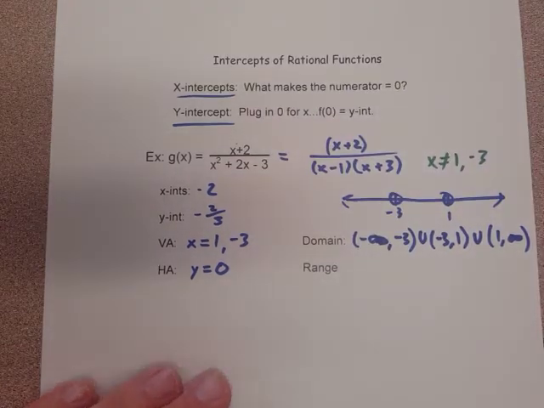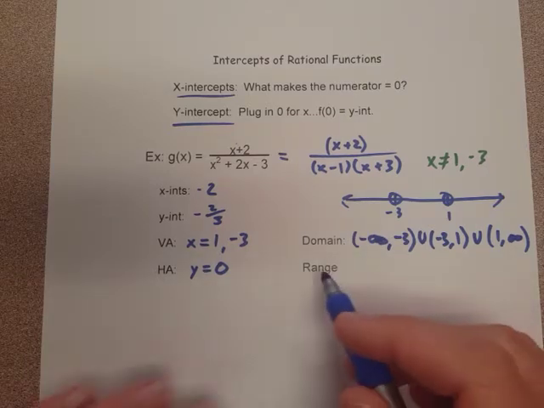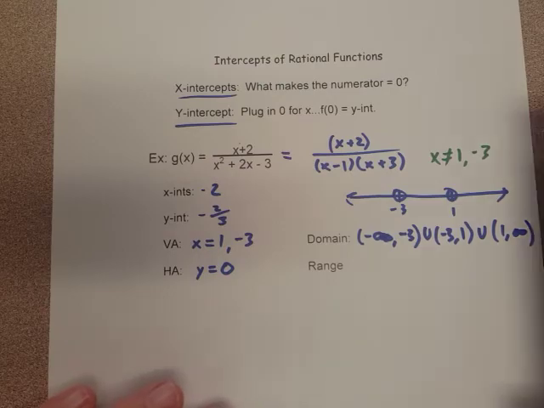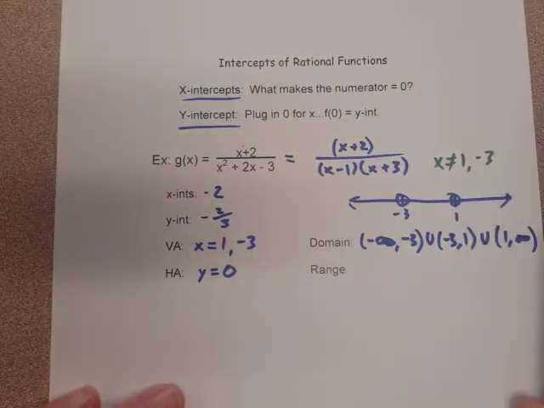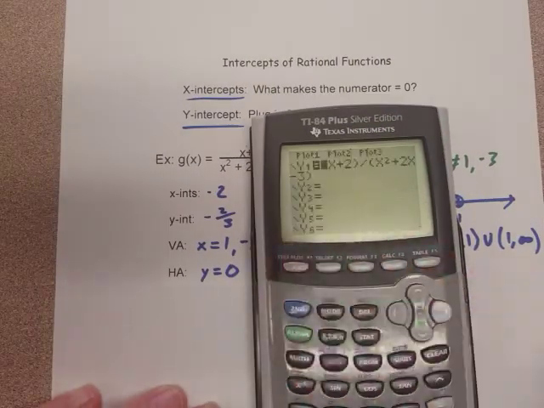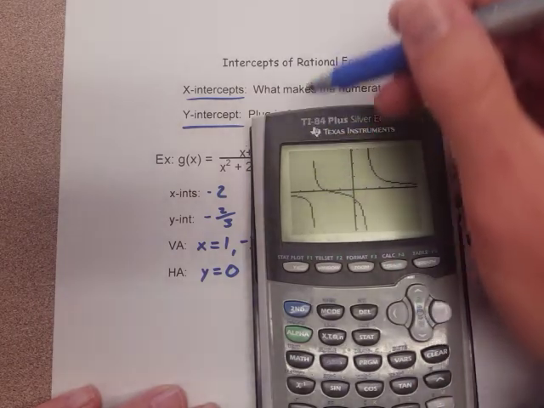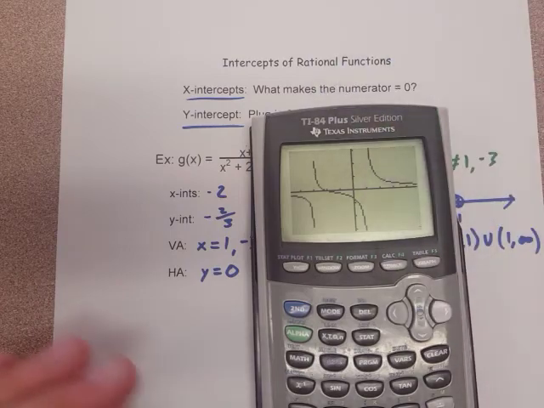Then range generally goes along with the horizontal asymptote, but you'll notice in this case we're looking at a problem like this, and so I've entered it in there. It's in my original form, and you'll notice that this middle one actually goes through the entire thing.